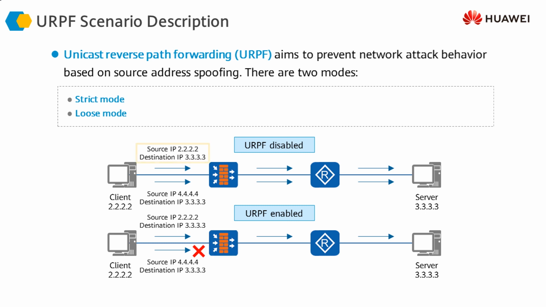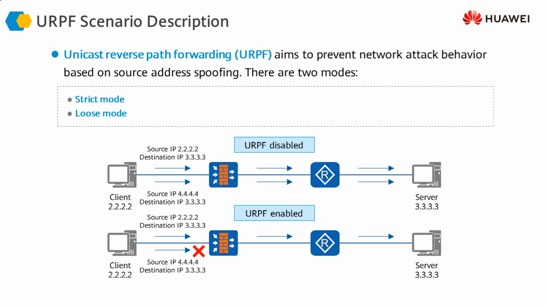The firewall checks the source IP address of packets entering the firewall and sees whether the source IP address exists in the routing table. If the source IP address exists and the destination is reachable through the same interface through which the packet is entering the firewall, only then is the firewall going to allow the packet through. Otherwise, the firewall is going to discard that packet.